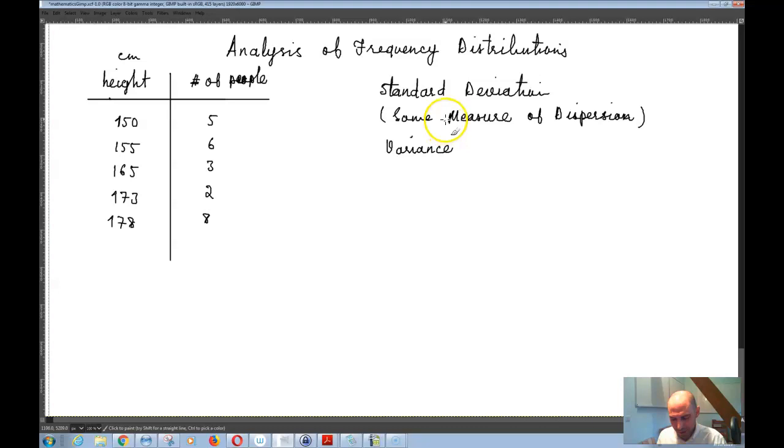So we had also some other measure, which was some sort of mean deviation about the mean, and about the median.